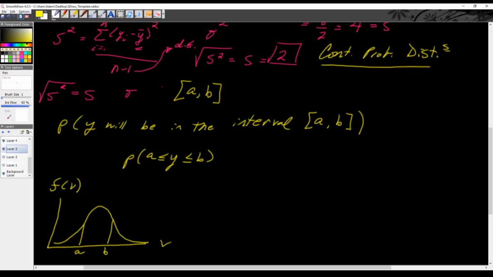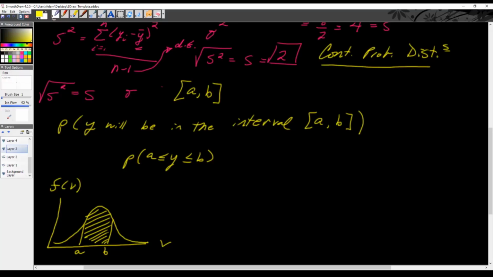This is a standardized metric of y, but I can look at the distribution of y or some standardized measure of y, call that v, and look at the continuous probability distribution, f of v. The probability that y will be in that interval A to B is the area under the curve f of v corresponding to this interval, so this area here.